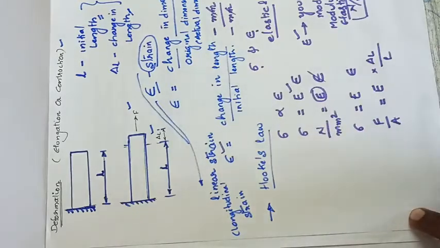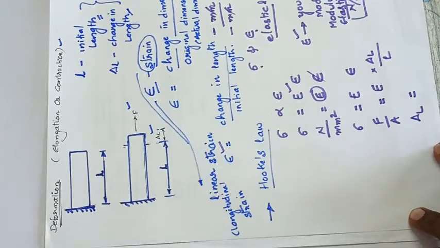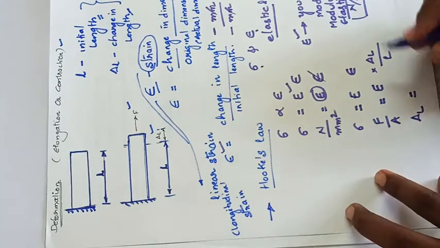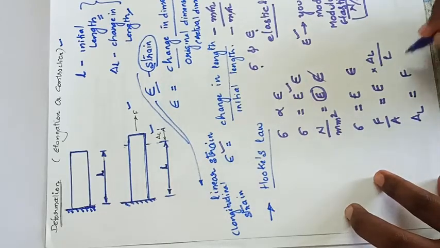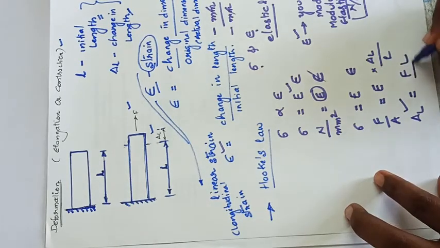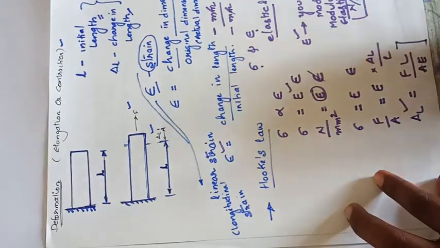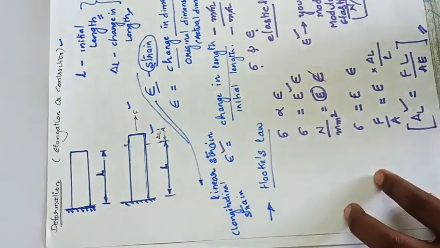From Hooke's law, we get a formula for the change in length. So Hooke's law is used to find the change that is happening in the length. The formula to find delta L is FL divided by AE.